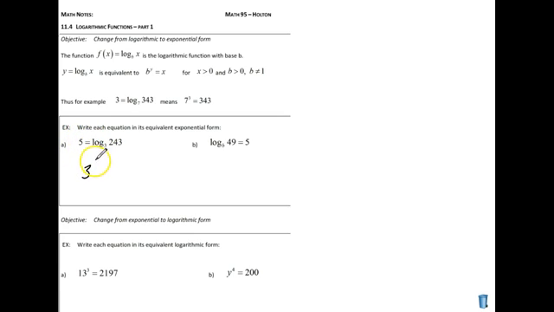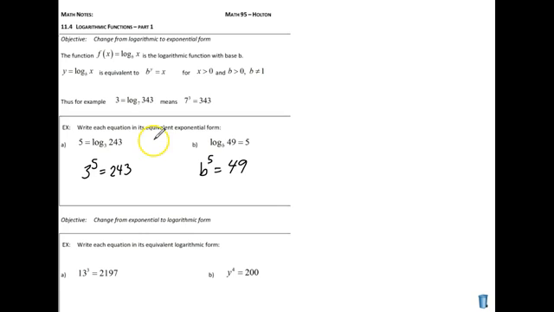Our answer here becomes our power, so 3 to the 5 power, and that equals our x, which is what we were taking the log of. Similarly here, we take our base, which is b in this case, raise it to whatever our log is equal to, and then that equals our x value. So b to the 5th power equals 49.